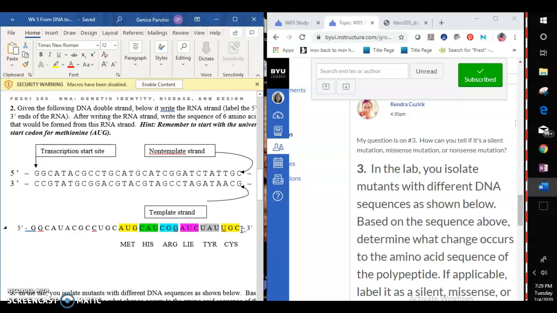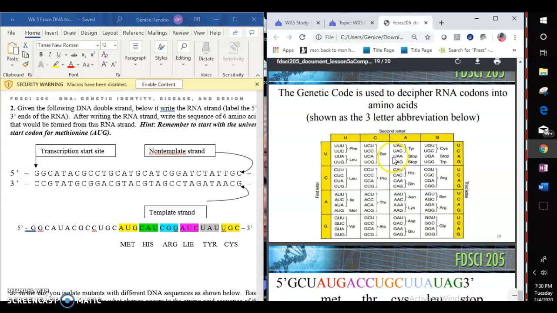Then what they wanted us to do was find the amino acids, and it says remember to start with the start codon, and that's AUG. I disregarded these because I know we're going to start after that, and because we go from 5' to 3', we're going to the right.